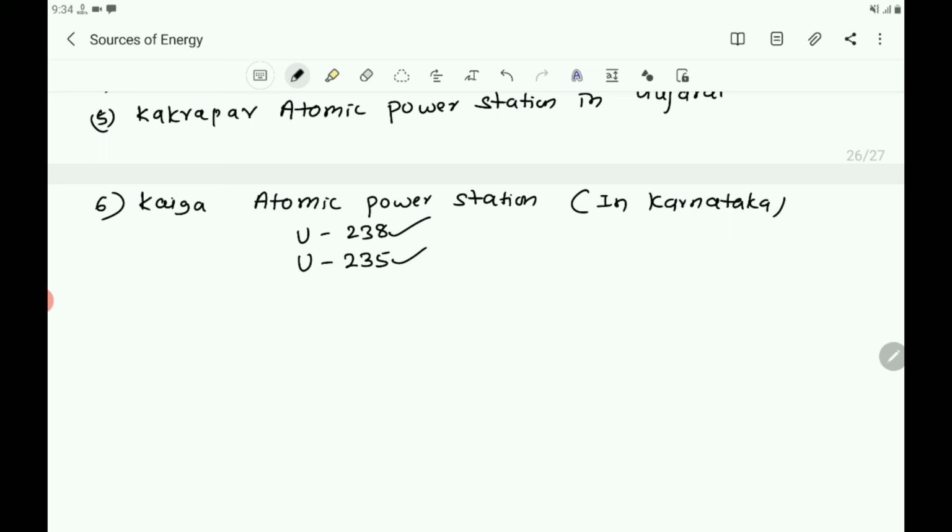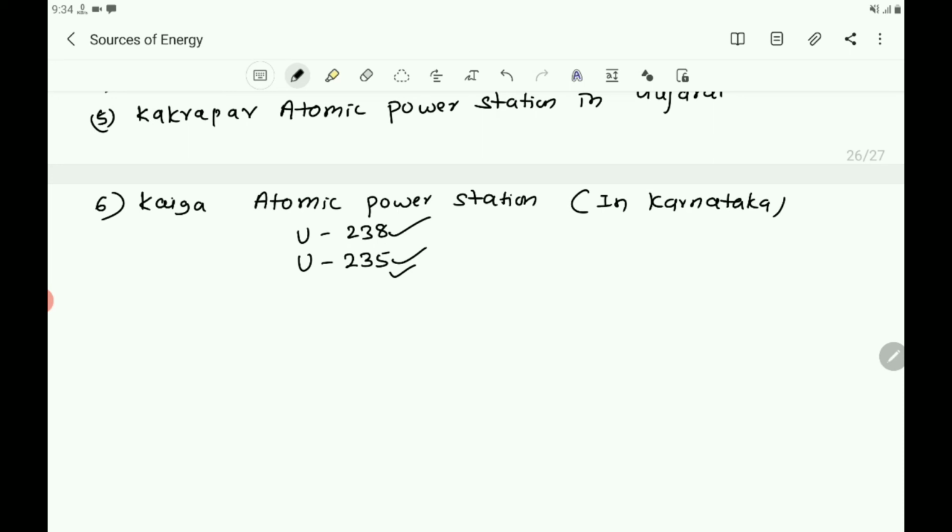Naturally occurring uranium contains a very high percentage of uranium 238 which is stable, and a very low percentage of uranium 235 which can fission easily. As such, naturally occurring uranium cannot sustain a fission process.